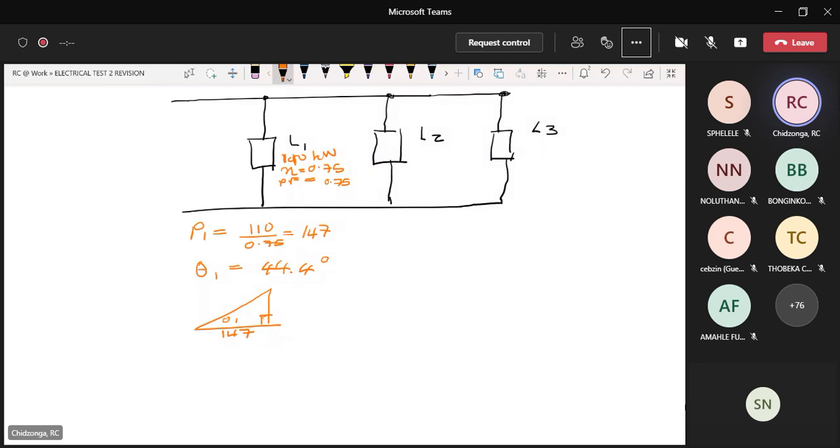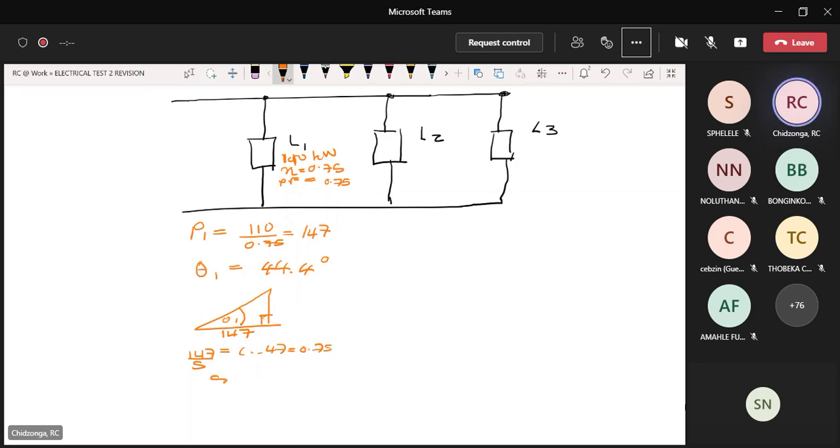If we know this, then we know everything, because with this side and the angle we can calculate the other sides using trigonometry. 147 divided by S, where S is this side, gives cos theta, which is 0.75.